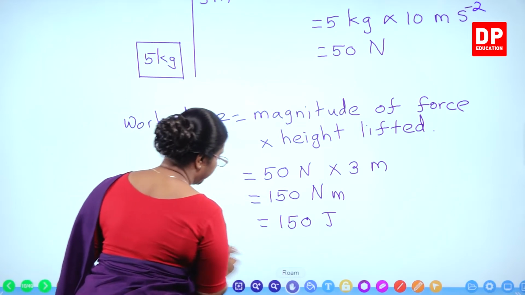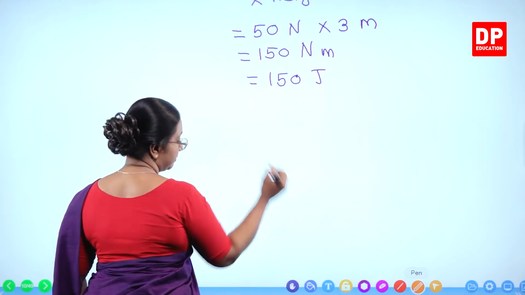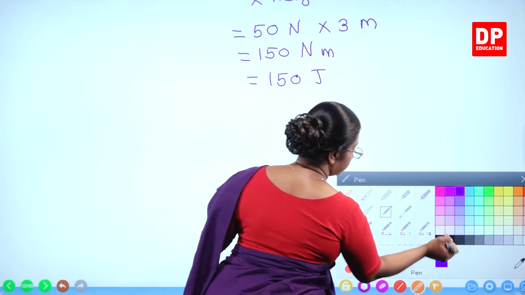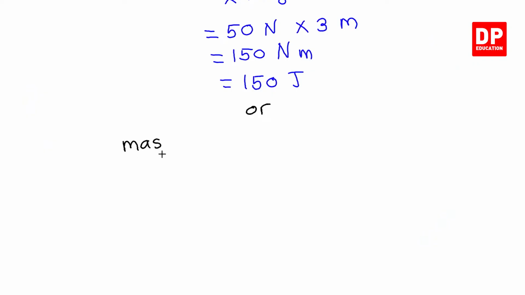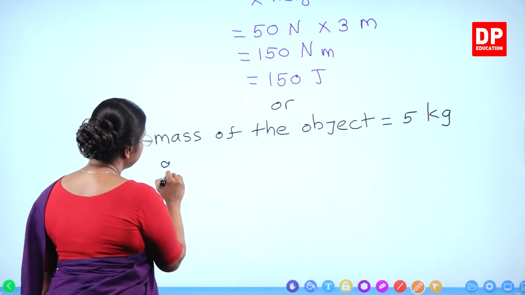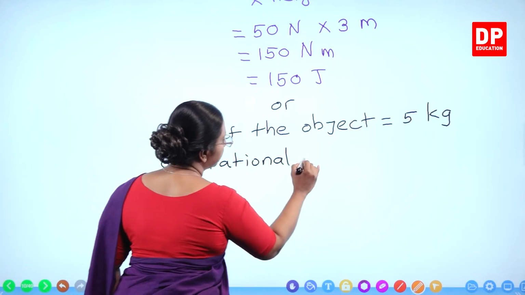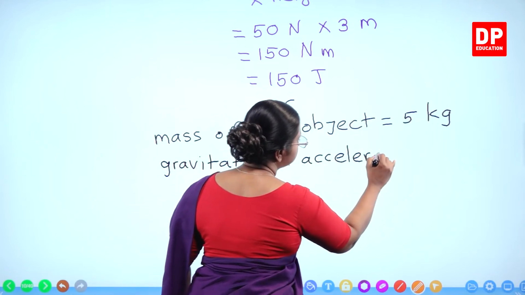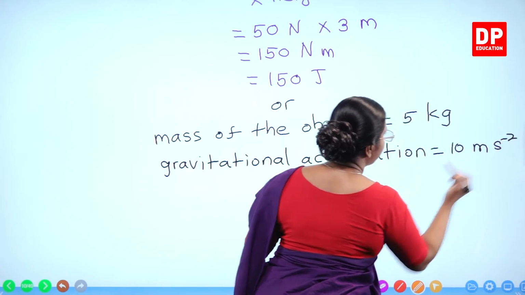So for that, if I show you all the steps, this is another method. We can write as mass of the object, 5 kg. Then we have the gravitational acceleration, that is equal to 10 meters per second squared.